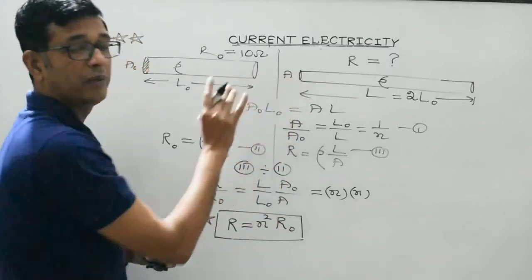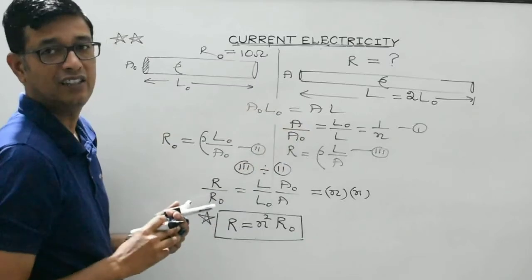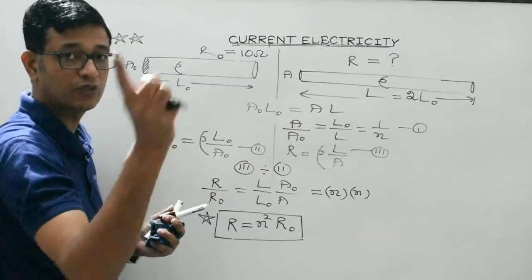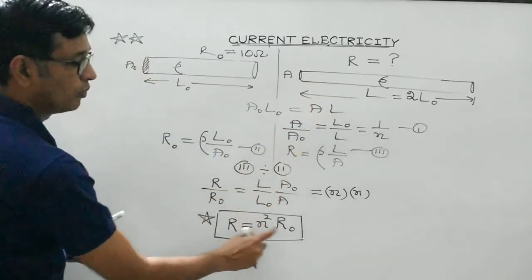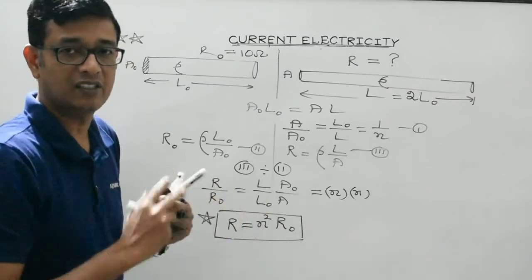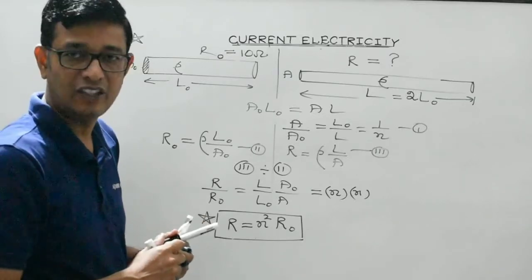Because area is not remaining constant. With the increase in the length, the area will get decreased. So here, resistance would not be directly proportional to length because of the change in its area. Right? So here in this case, this formula is to be used. This formula is to be used only in the case of stretching or compressing, when the area changes with the change in length. Clear?